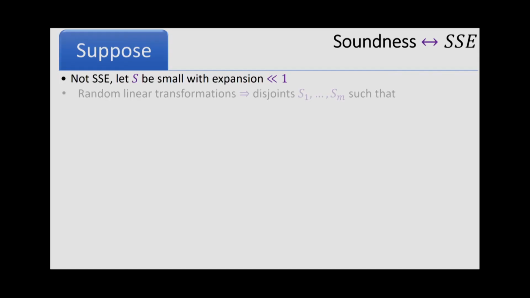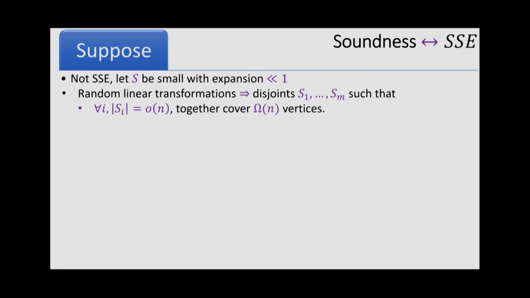So what we want to do is take this set and use it to construct many sets that have small expansion so that we cover a sizable fraction of the vertices. And indeed, it's a nice exercise. You can show that taking the set S and applying random linear transformations to it, plus some massaging, you can get a collection of disjoint sets S1 to Sm with the following two properties.